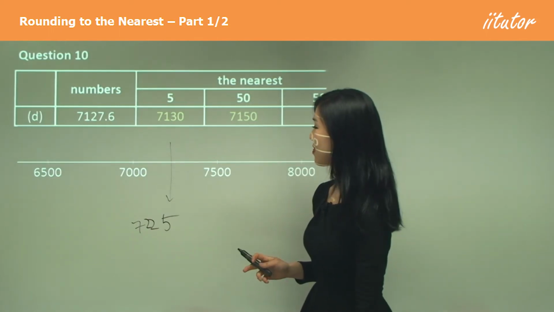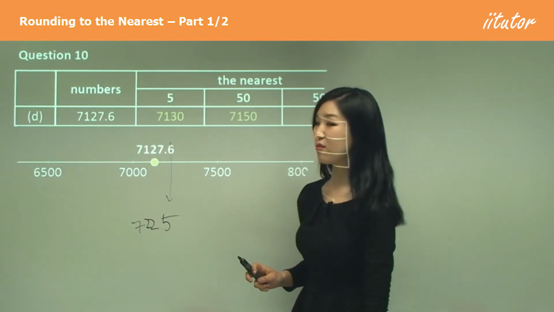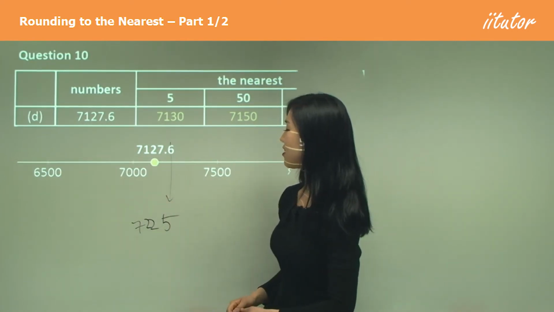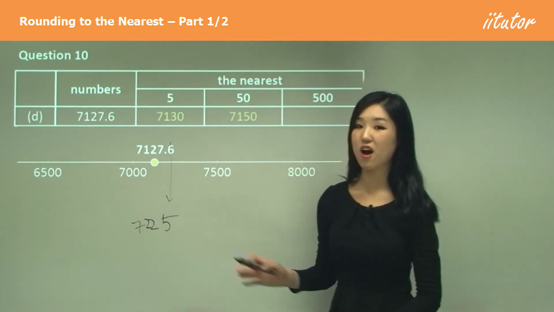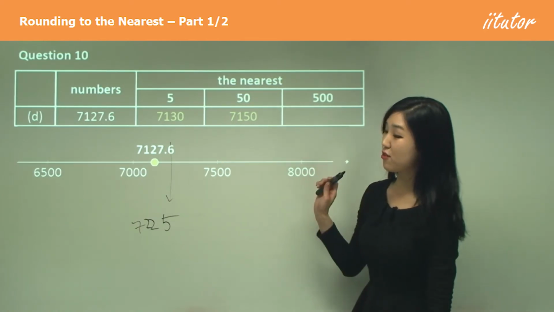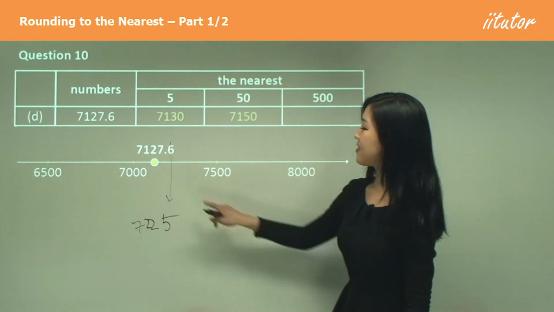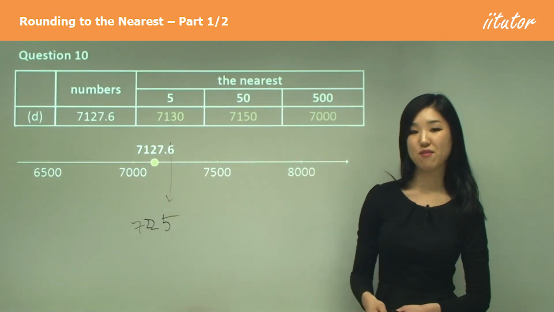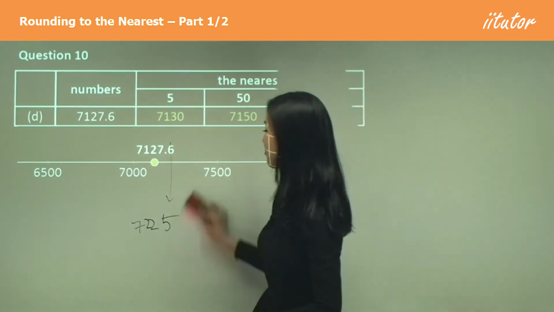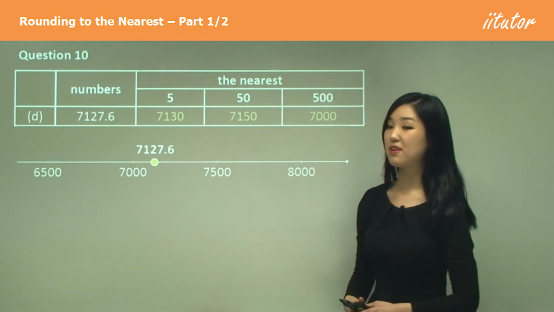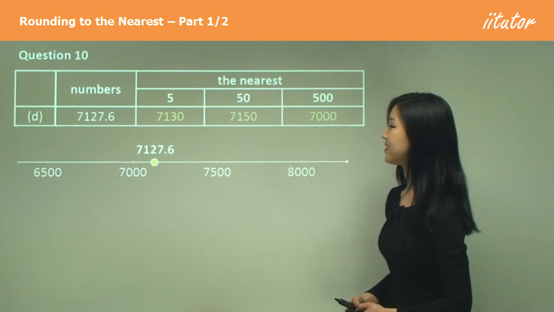And you can see 7,127 is always definitely to the left of it. It's much closer to the left. So, I mean, you don't really need to do the halfway mark, but I'll just keep doing that anyway, just for the sake of those who are getting confused. And you can see that one's closer to 7,000, so to the nearest 500, it's going to be 7,000. Okay, so very repetitive. So hopefully some of you can even do this without the number line.